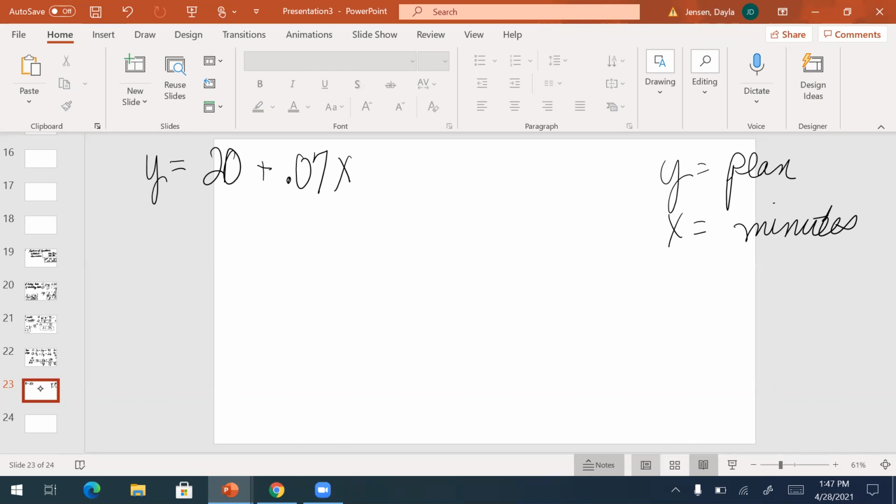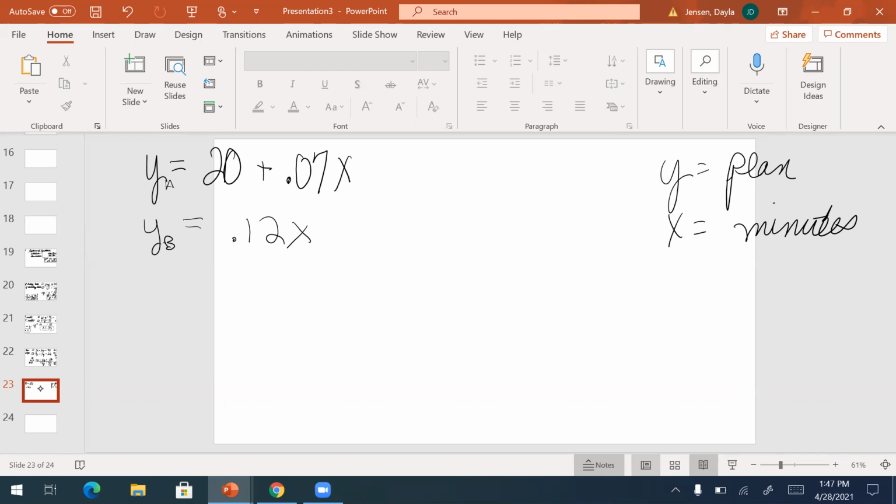So here's plan A. $20 plus an additional 7 cents per minute. So for every minute, you're going to pay an additional 7 cents. Plan B is no initial fee, but it costs 12 cents per minute.